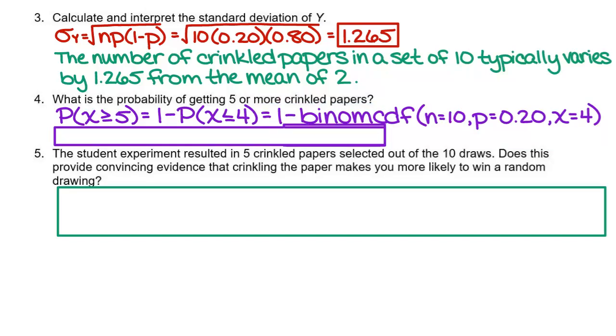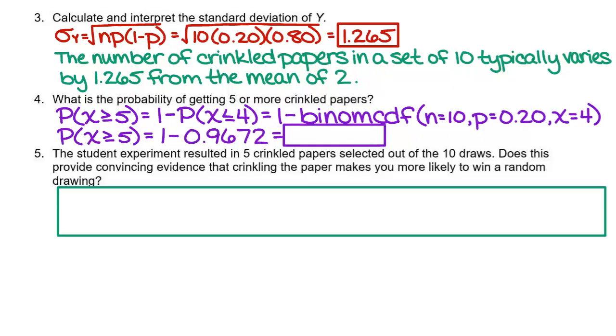It's going to go in like this. Does anybody have a value? Yep, 0.033 or 0.0328, depending on where you round.